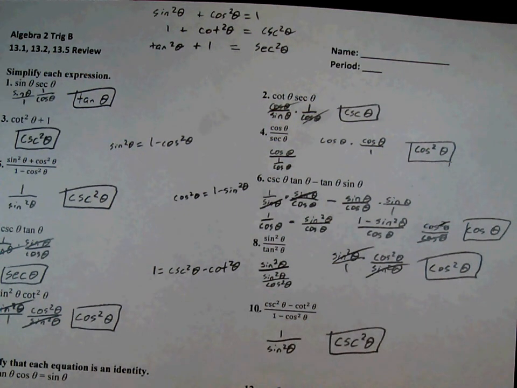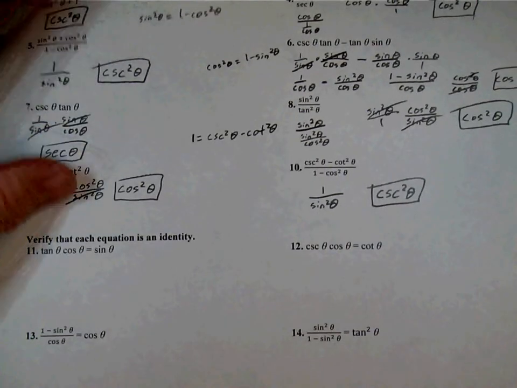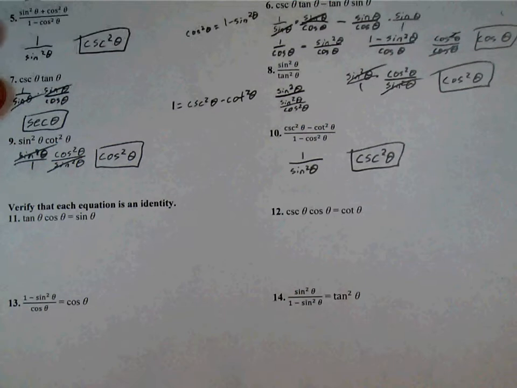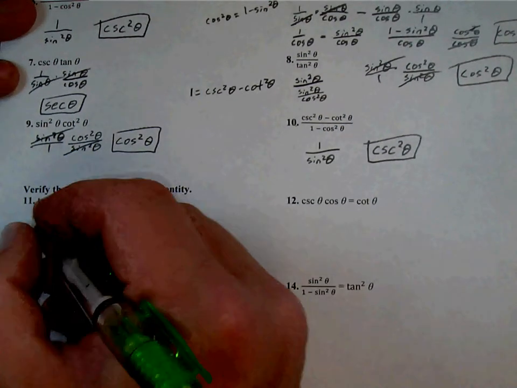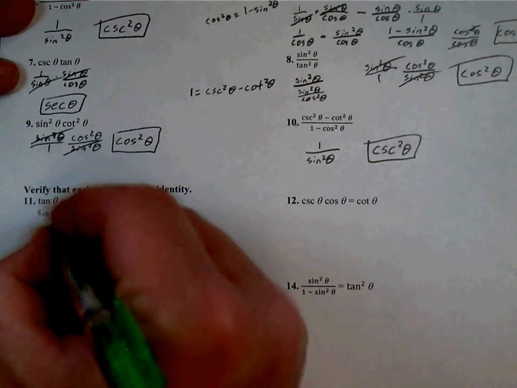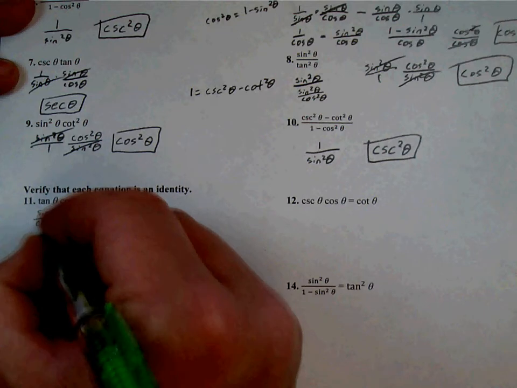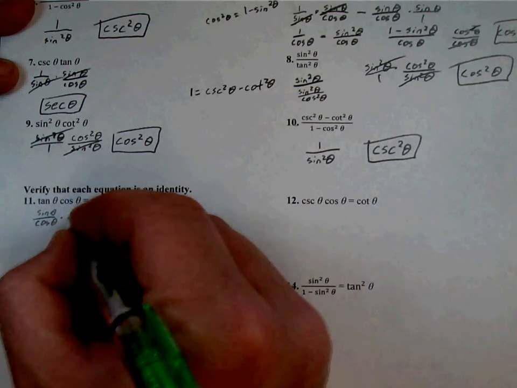All right, and now we can go on to number 11, where we begin verifying. So on that left side, I'd probably write that as sine over cosine times cosine.